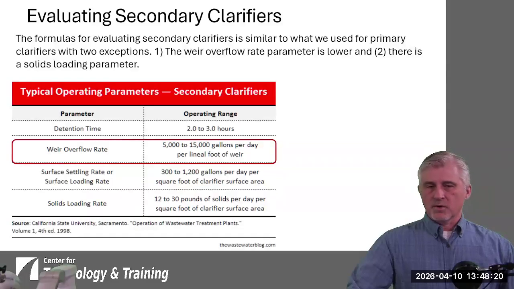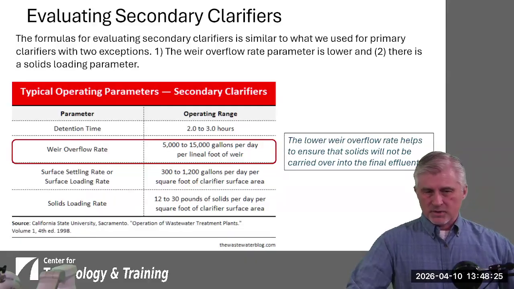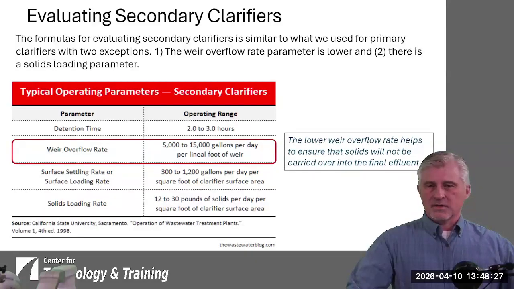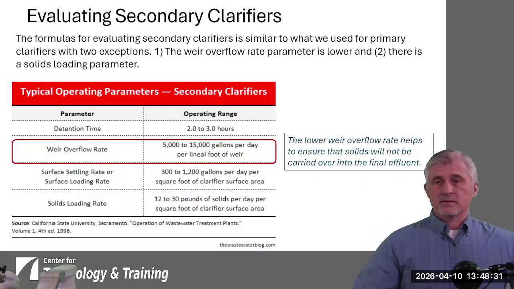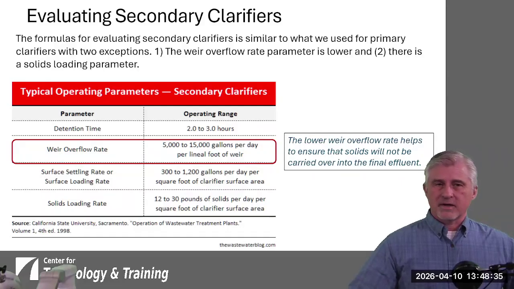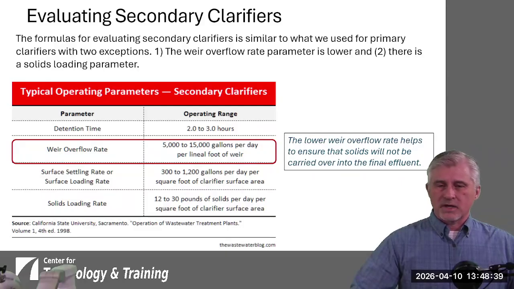The weir overflow rate helps to ensure that solids will not be carried over into the final effluent. So it's a big deal to make sure that we're not having these solids end up in our final effluent, which is potentially discharged directly to a river, lake, or stream.